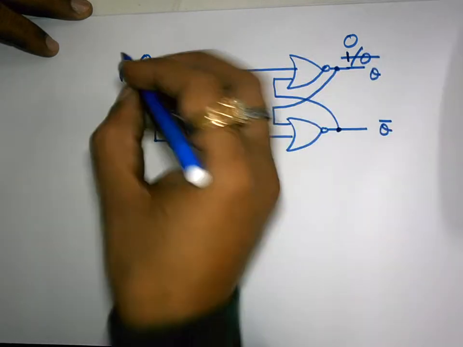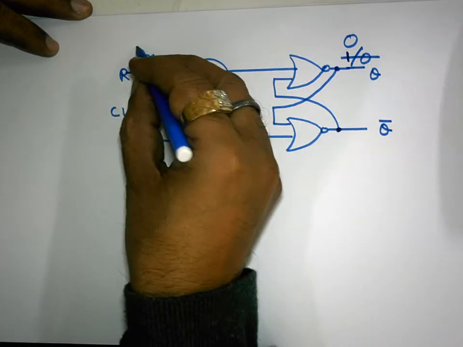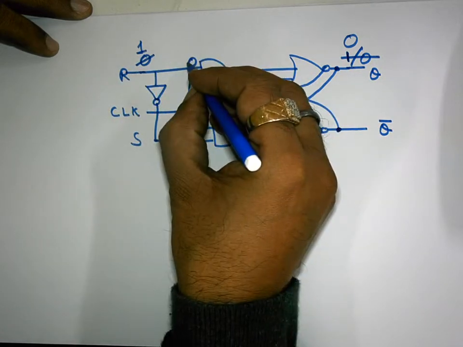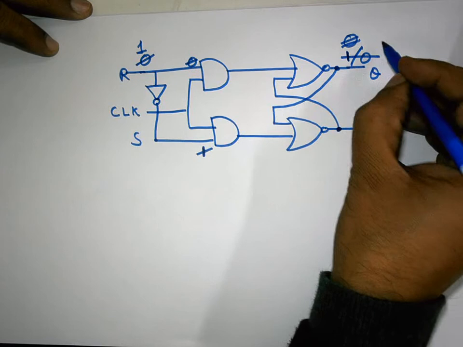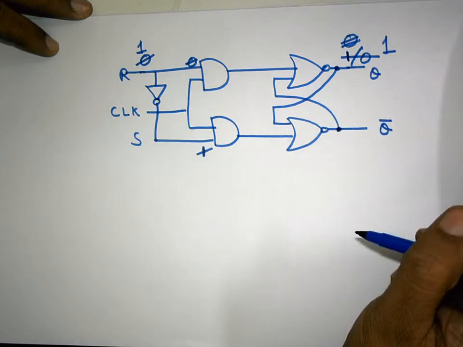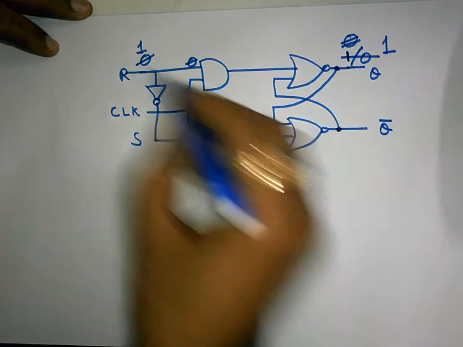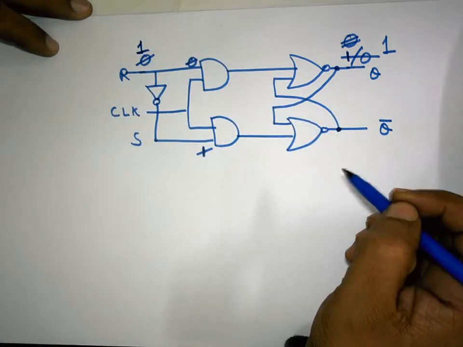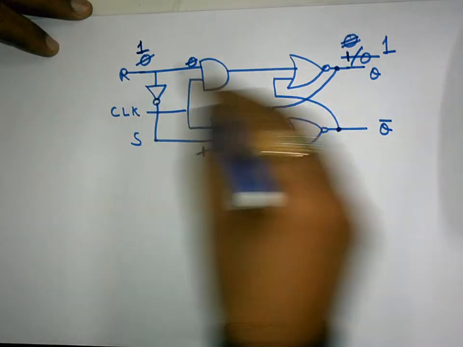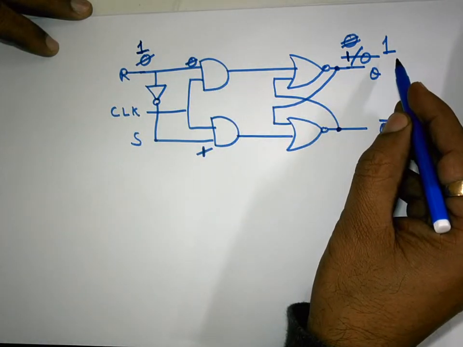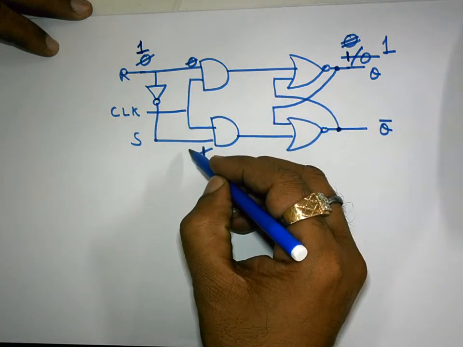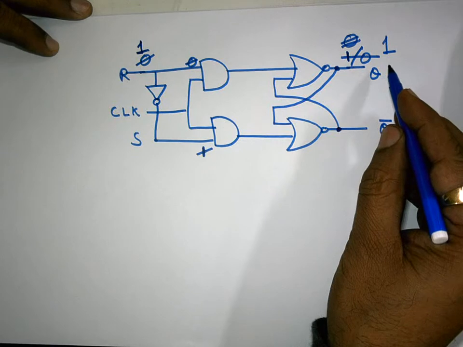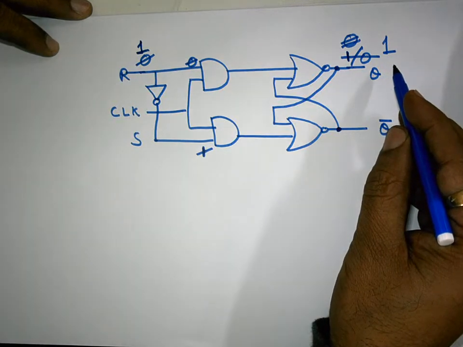Suppose I am willing to store 1 in this circuit. Store 1 means I am asking this memory element to store 1. So I will apply this 1 at the input. Naturally it will memorize this 1. So now I need not apply two different inputs to make it set or reset.